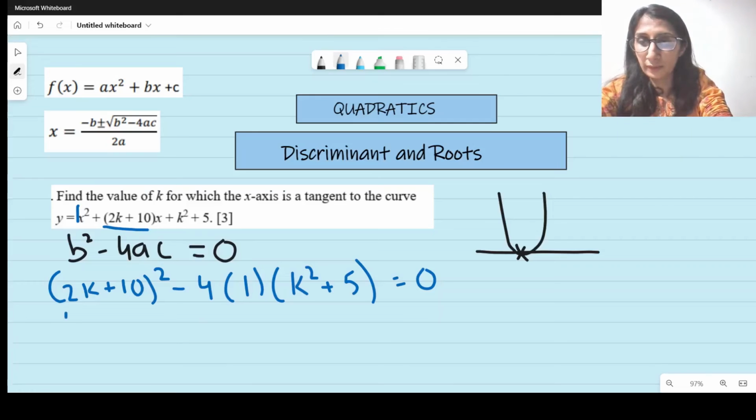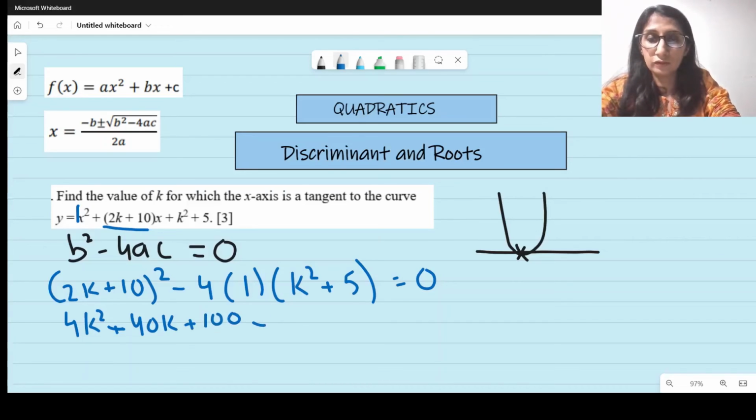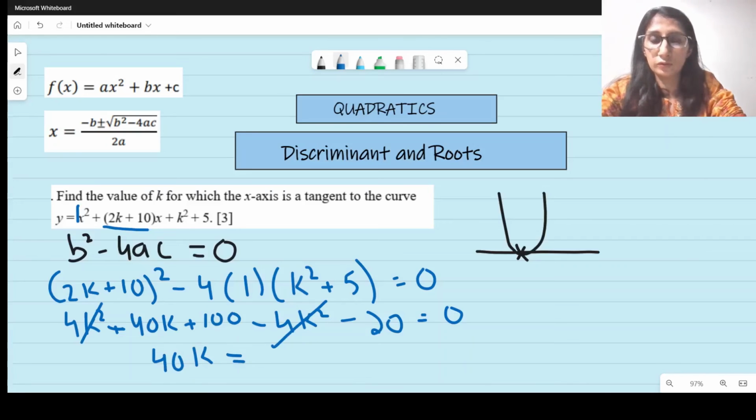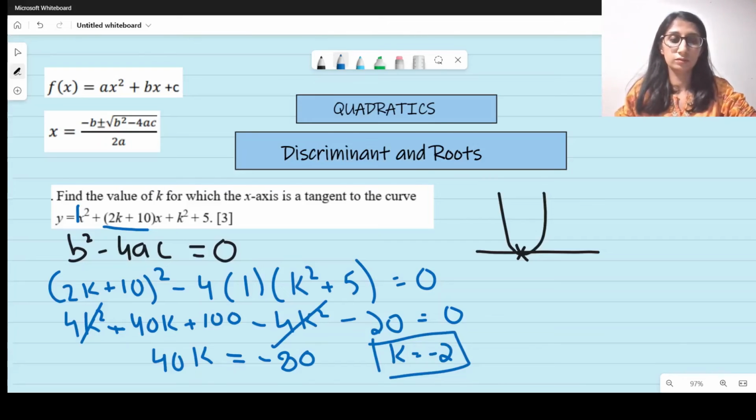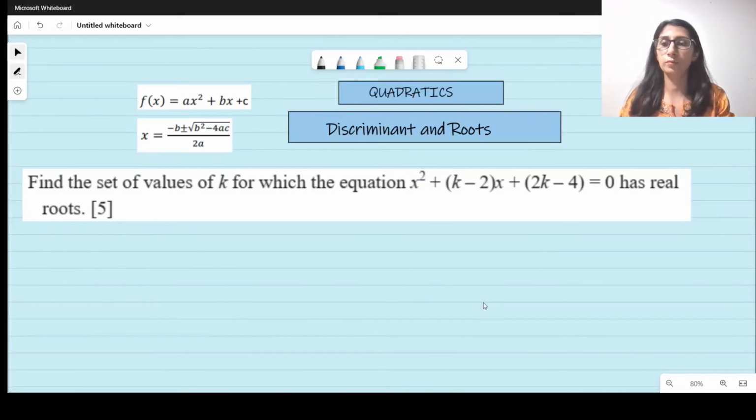I'm going to expand this, (a + b)² = a² + 2ab + b², so 4k² + 40k + 100 − 4k² − 20 = 0. So 4k² and 4k² get cancelled. So 40k = −80 and k = −2. So that's the answer.